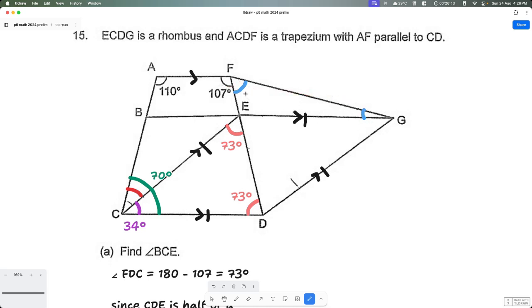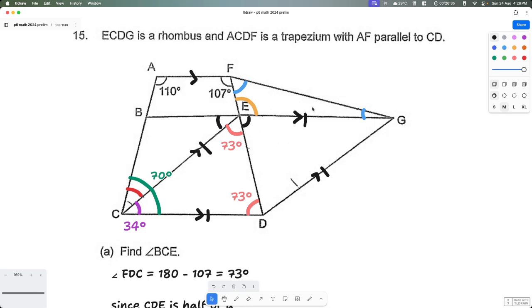Essentially, if we know EFG and FGE, we must also get this one. Am I running out of colors? Probably. So we need to get this yellow color one. And that means we need to get the other angles, which is this angle and also this angle as well.